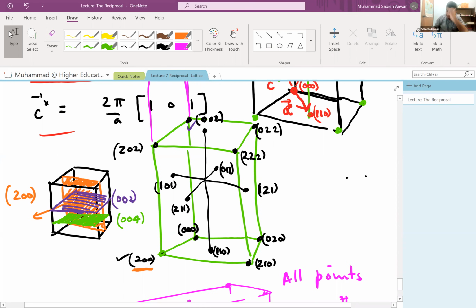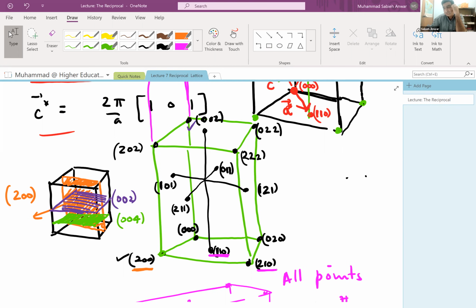So if I look at the point 0, 1, 1, 0, and I look at the point 2, 1, 0, these points, since they are points in a reciprocal lattice, they represent different planes, distinct planes. So each point has a character of its own.